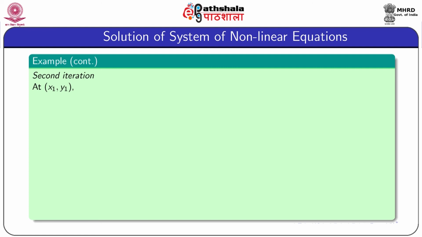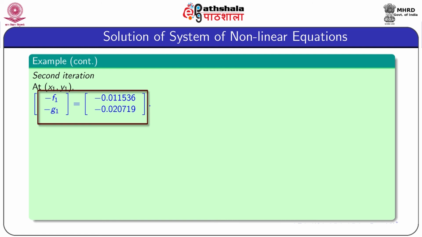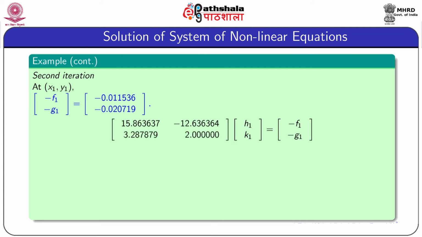Now, at the second iteration, that means at the point (x1, y1), the value of −f1 is −0.011536 and the value of −g1 is −0.020719, and the matrix equation is this one, which contains a 2 by 2 coefficient matrix, the unknown vector h1, k1, and a known right hand vector, whose values are mentioned in the first line.